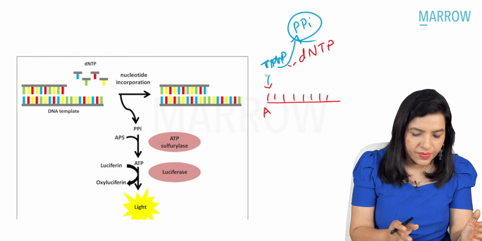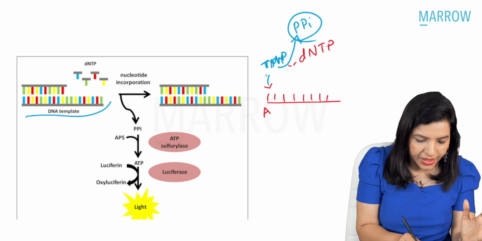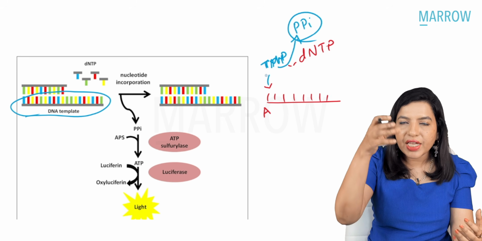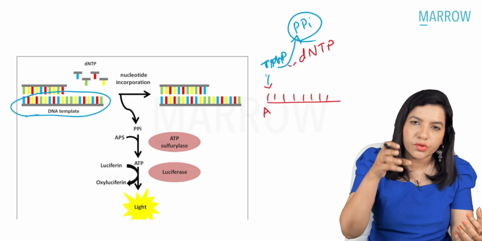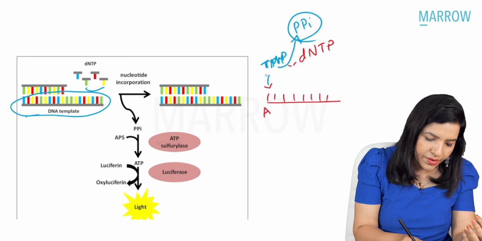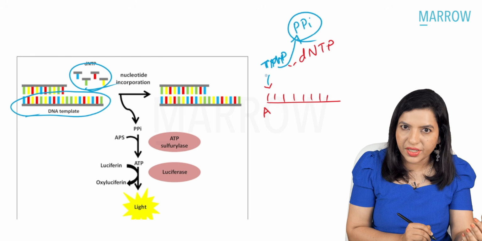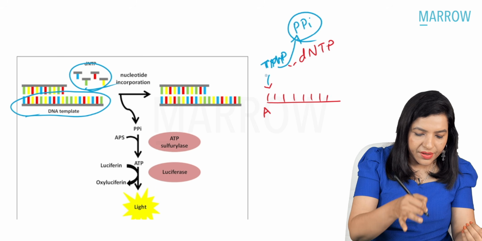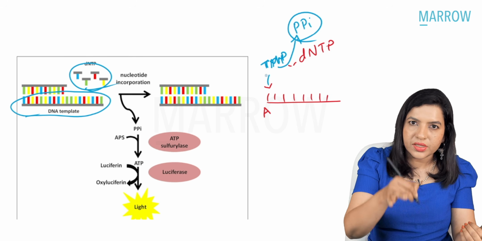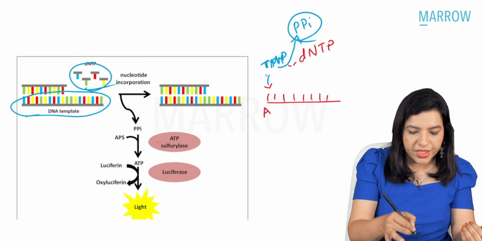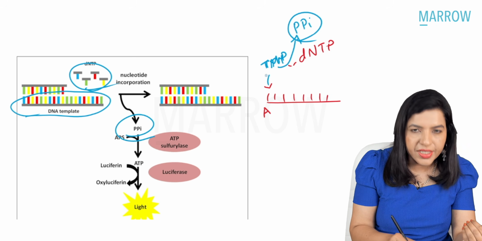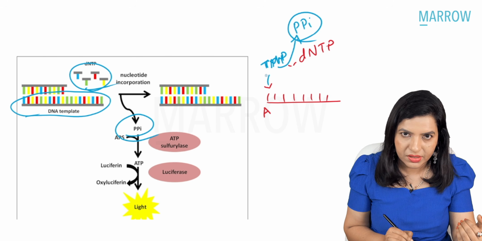How is it done? We have a DNA template here and various deoxynucleotide triphosphates are added. 4 types of deoxynucleotides are added. Whenever one nucleotide is incorporated, a pyrophosphate is released.